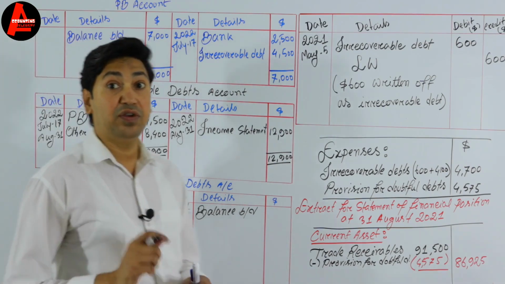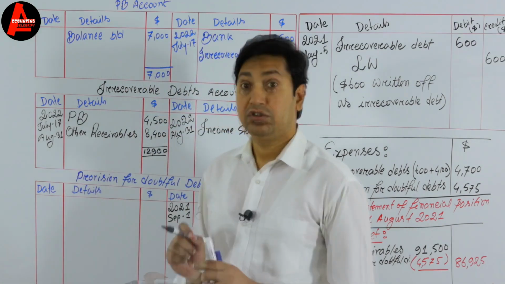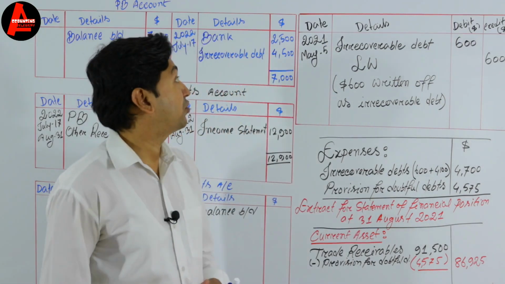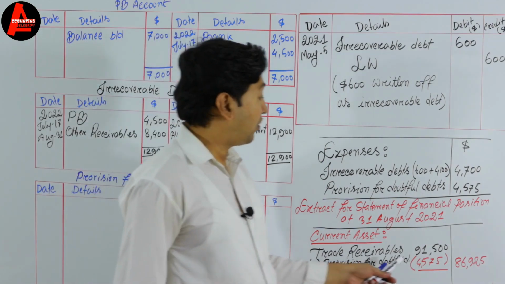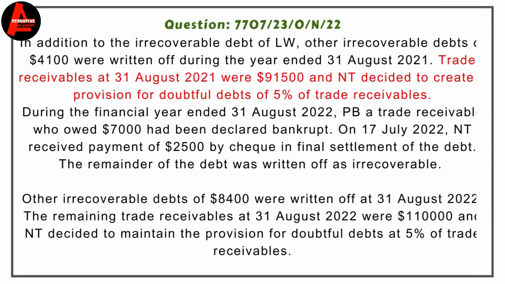Okay, so we have here trade receivable on this day. So what is the amount? The amount was here $91,500. Yeah, so have a look at the question. The trade receivables at 31st August 2021 were $91,500, and ANTE decided to create a provision for doubtful debts of 5% on trade receivable.